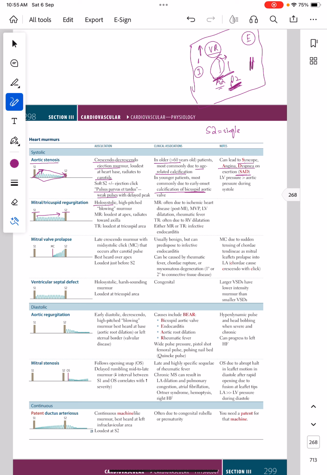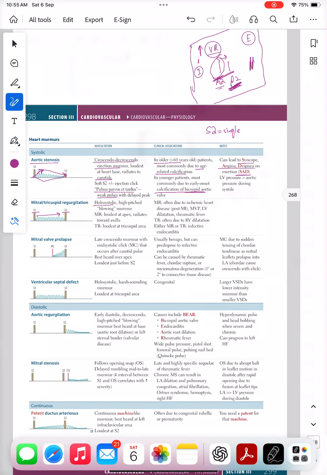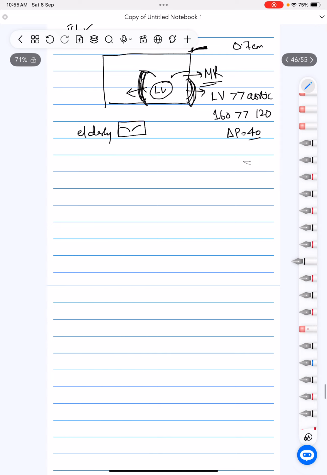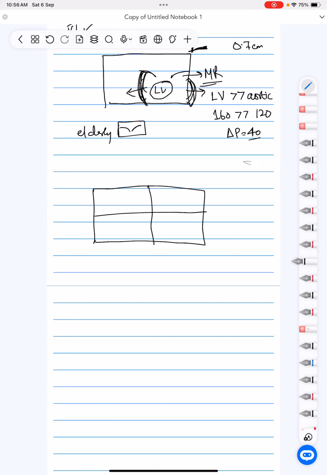So how mitral or tricuspid regurgitation happens: for example, there is the right side of the heart, and there is a tricuspid valve, and there is the mitral valve.